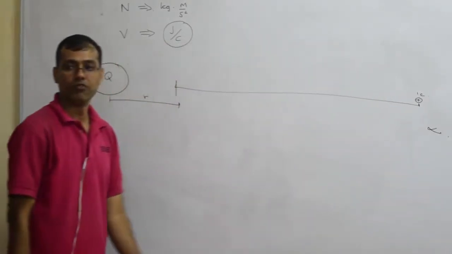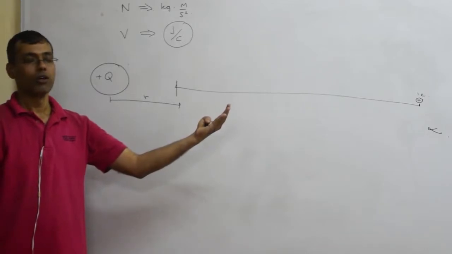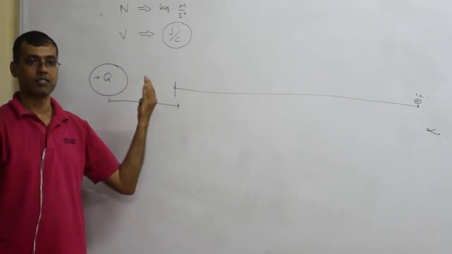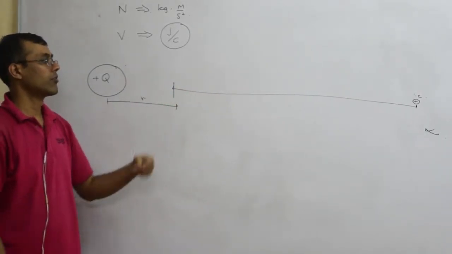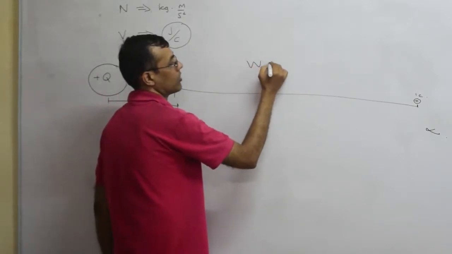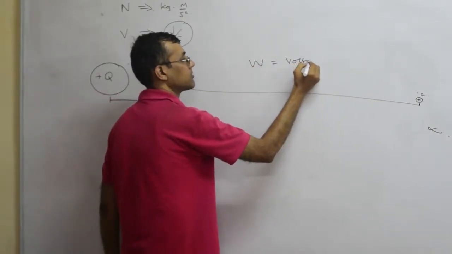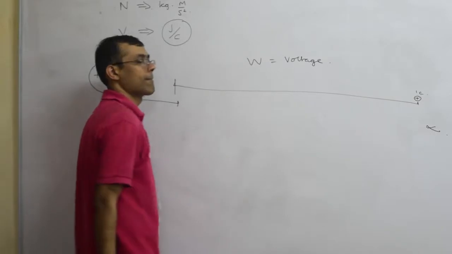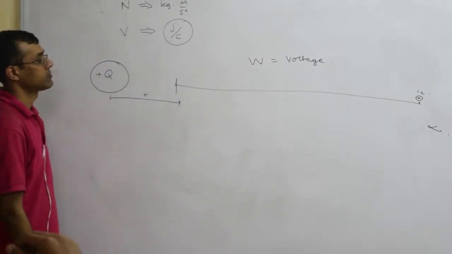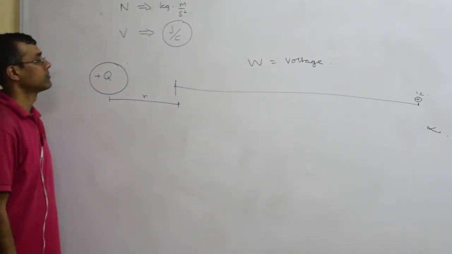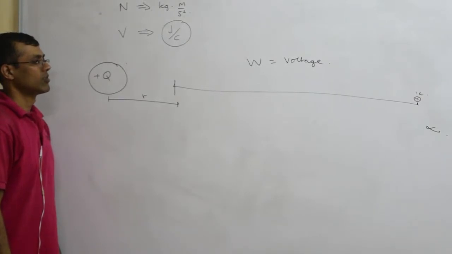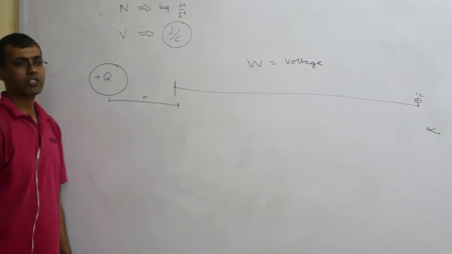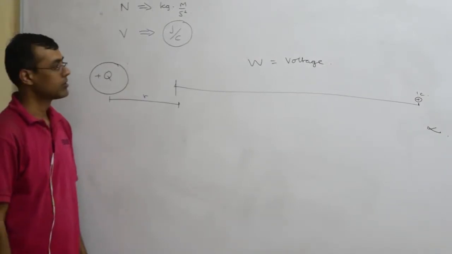From infinity, you are pushing some 1 coulomb test charge. So how much work do I have to do? That work done is called voltage. Okay. It's a little bit confusing definition, but that's the way it is defined.